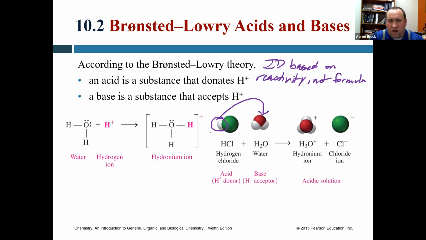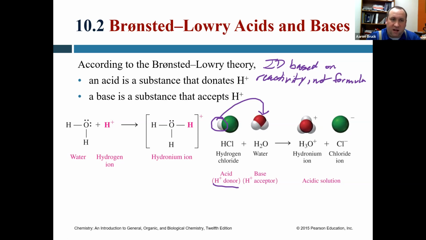As a result, we would identify this as a proton donor, a hydrogen donor. And that makes the hydrogen chloride an acid. And the water, which has accepted that hydrogen ion, is now considered a base. The net result is that we get the hydronium ion and the chloride ion. Here are the two ions that make up our electrolyte.